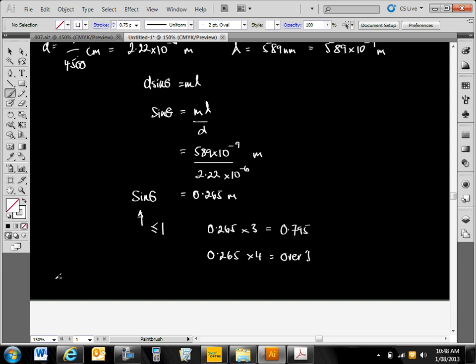Rounded down, yes, it's another way you could do it, absolutely. So the whole number of orders we would see is 3. If you divide 1 by this number, you get 3.75.